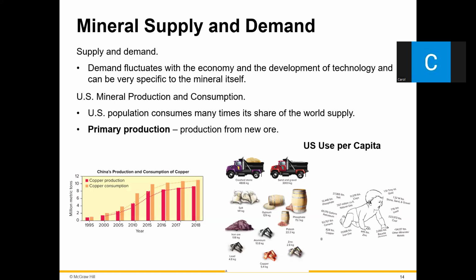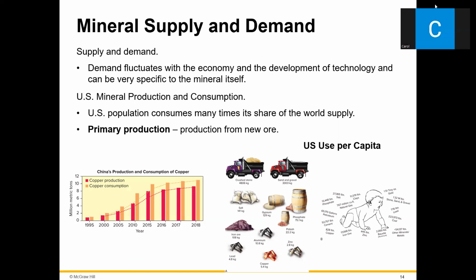Now, of course, demand is going to fluctuate more than supply, especially when it comes to mining and minerals. We only have so much on the earth. Other products, you can make more of and change the supply as well.